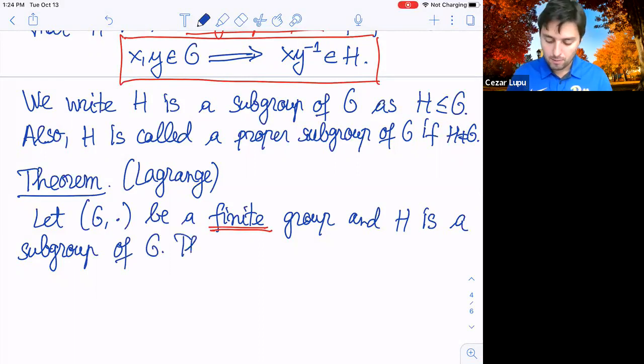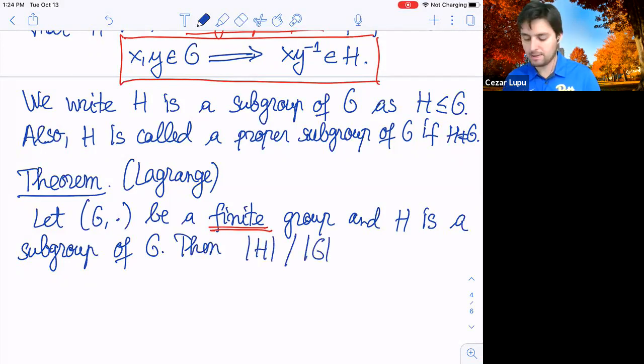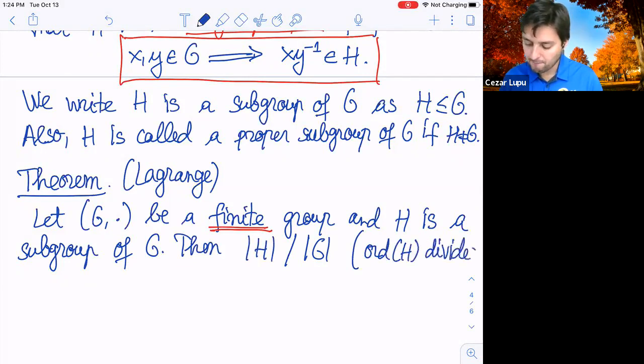Then the order of the subgroup will divide the order of the group. So let's write this. So you can write in the following: order of H divides the order of G. Right? So as you can imagine, the order of the subgroup is the order of all those elements that raised to the power n will give you the identity, right?